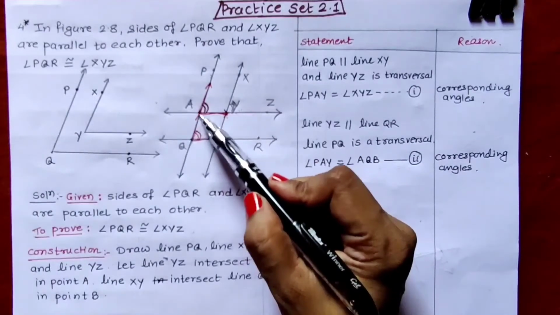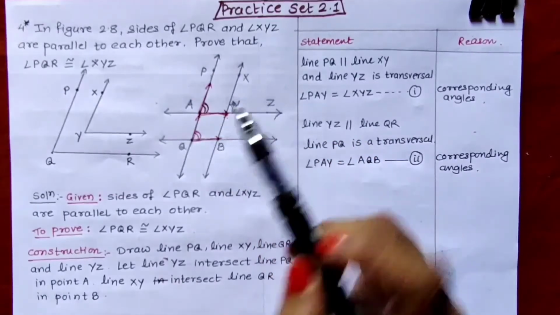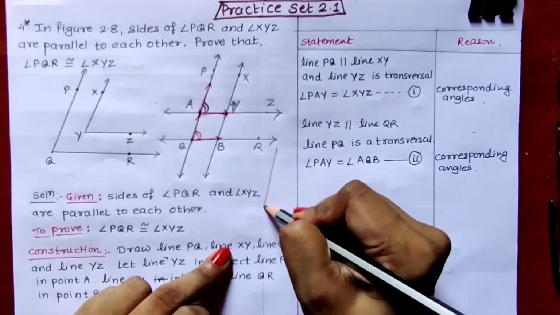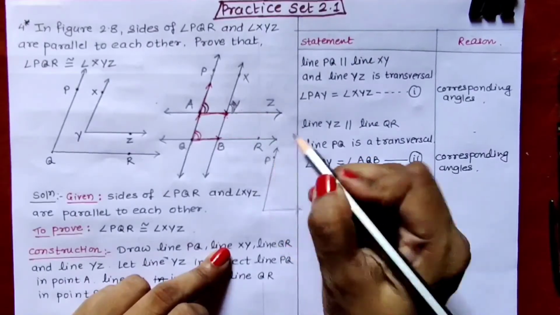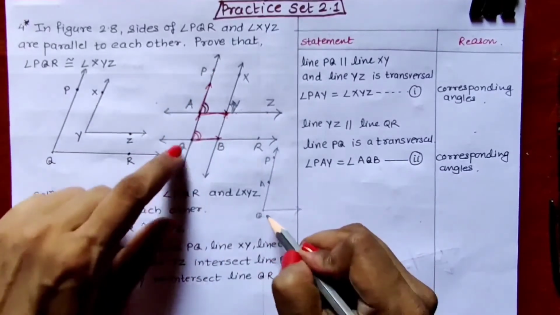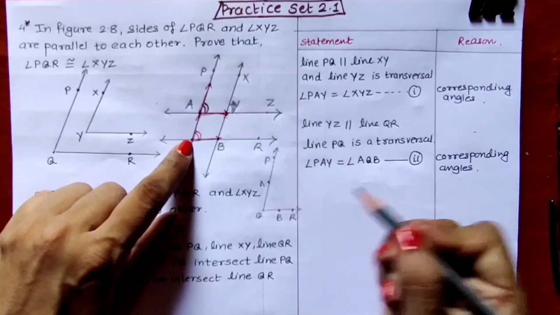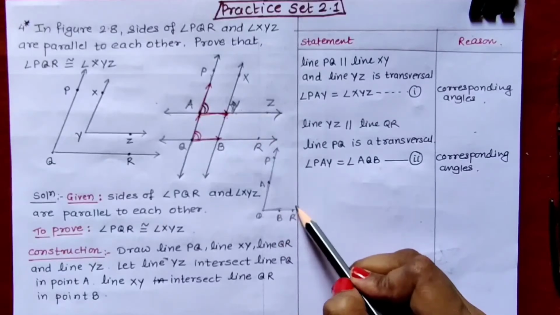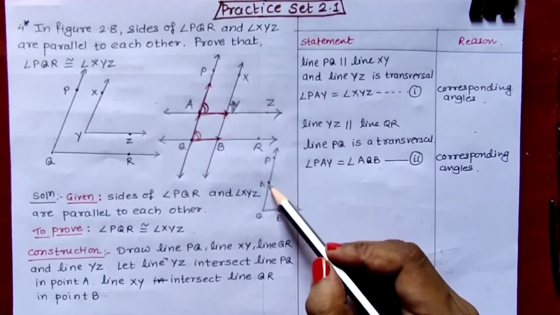Now see children, this angle AQB can be written as angle PQR also. Either you write AQB. See, I am drawing this full angle. Here it is point P. Here it is angle point A, P, A. Then here it is point Q. Then in between point B is there. And then point R is there. So either you write angle AQB or angle PQR. This is one and the same angle. Same angle by different name.